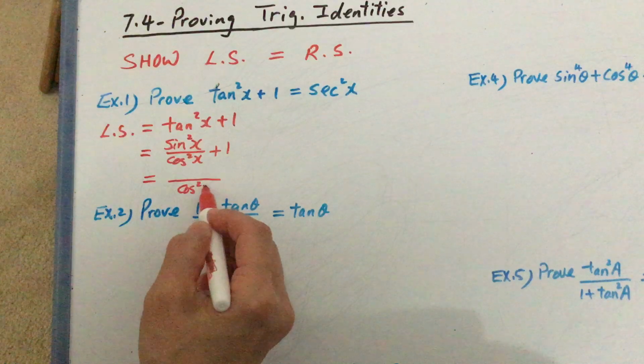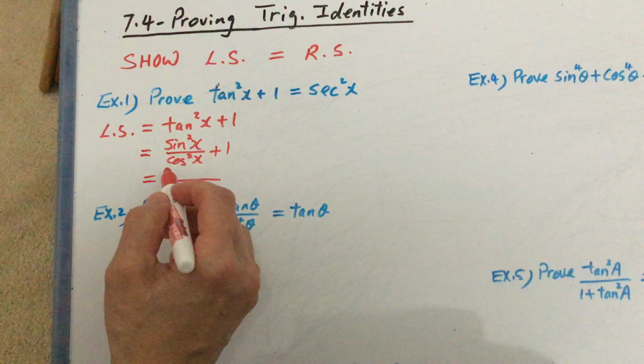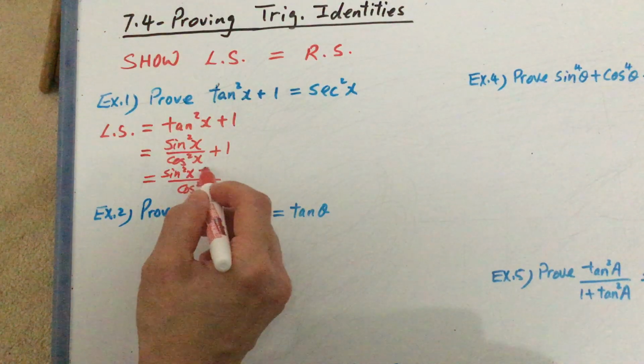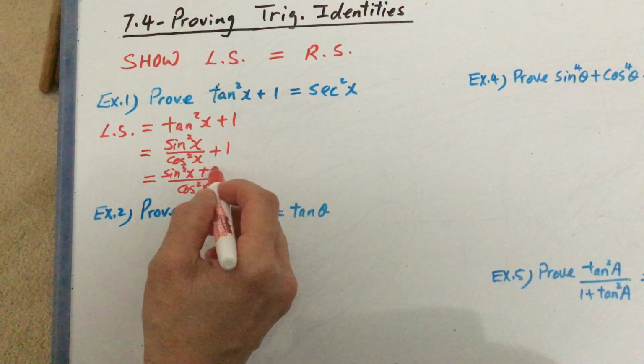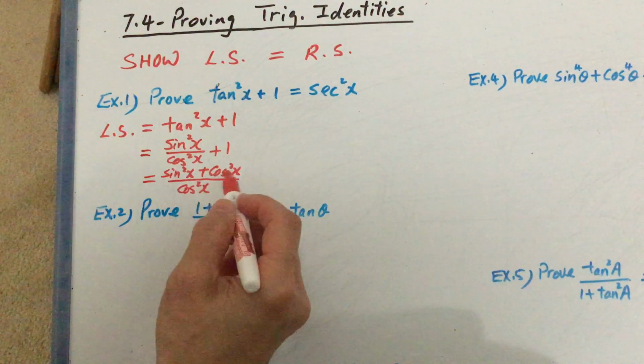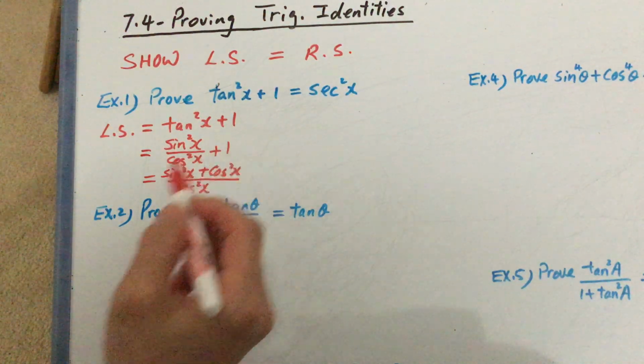The common denominator is cos squared x, so I will have sine squared x on the top plus cos squared x, because cos squared x over cos squared x gives you the 1.